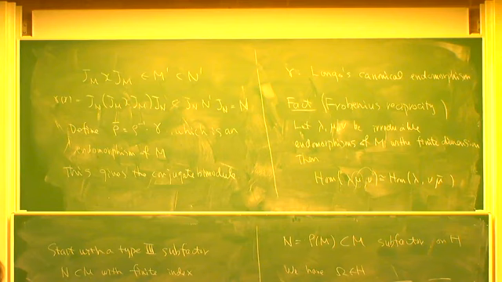Is it true for type 3 lambda as well? For the hyperfinite type 3 lambda factor and finite index subfactor, is it the same? Is it hyperfinite? No, it could be, say, type 3 lambda squared. But except for some such rather trivial situation, they are.